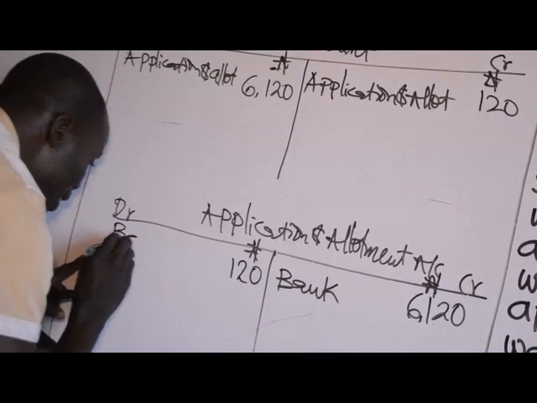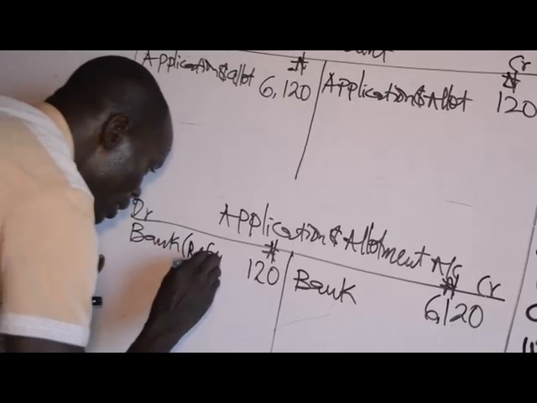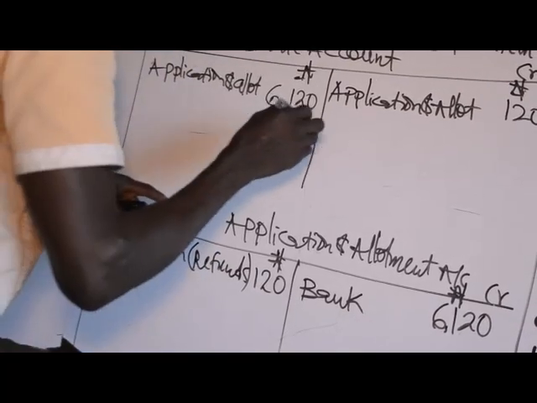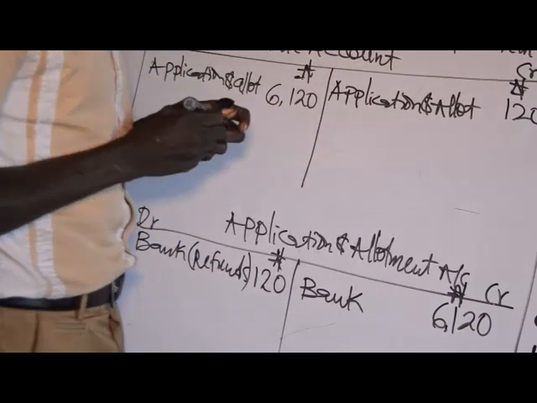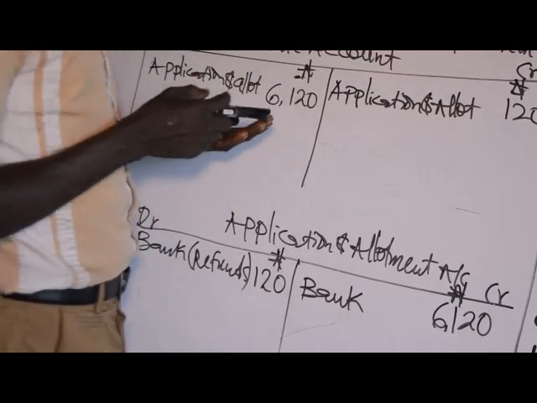So you put bank as the narration. This is the refund of excess application money to unsuccessful applicants.